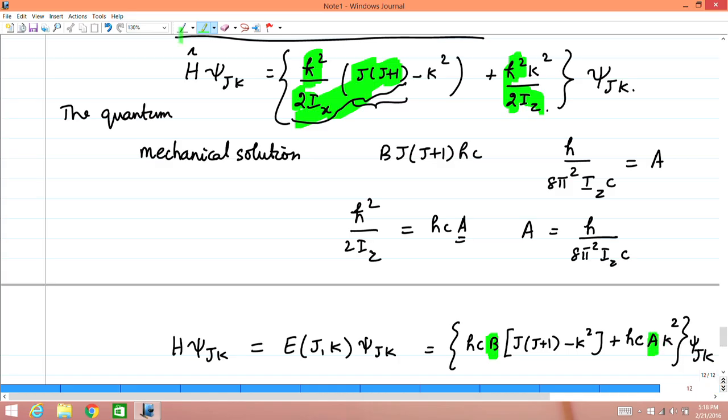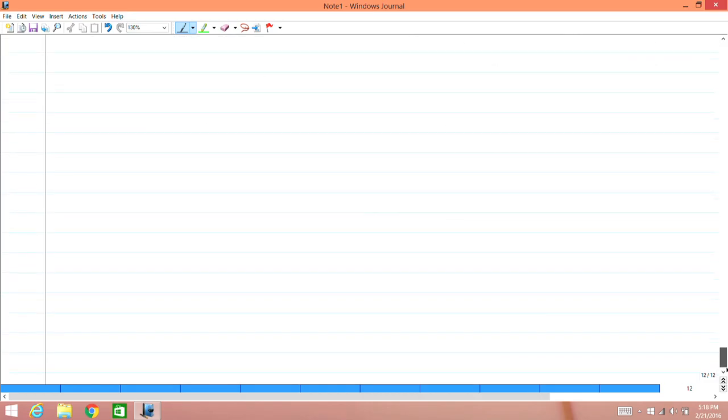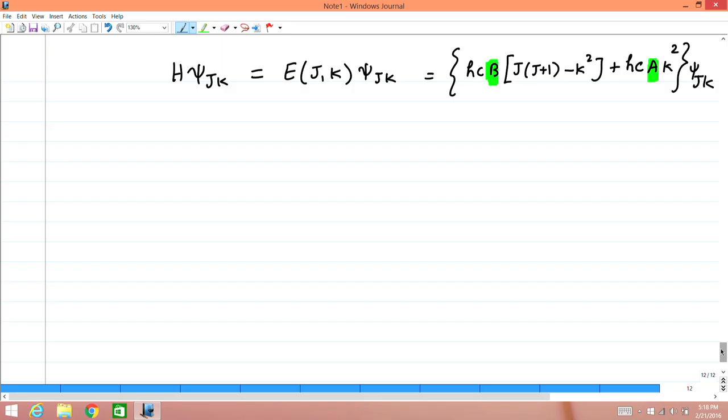So now we have two constants for this symmetric top, because there are two moments of inertia. If you write the energy divided by hc, then this is B J into J plus 1 plus A minus B times k square.